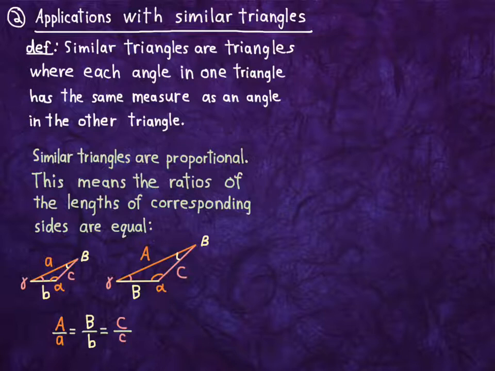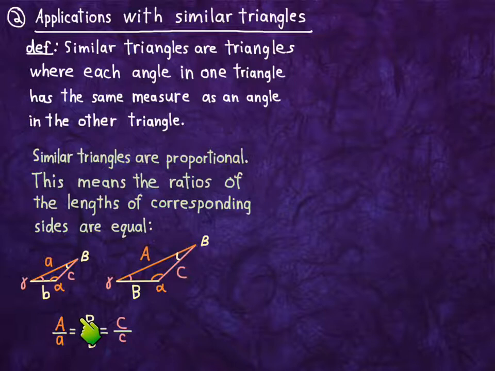Now that's actually three different equations written in one. So don't get confused. You never write all three of them together when you're working out a problem. You would write the ratio of the A sides equals the ratio of the B sides, or the ratio of the B sides equals the ratio of the C sides, or the ratio of the A sides equals the ratio of the C sides.